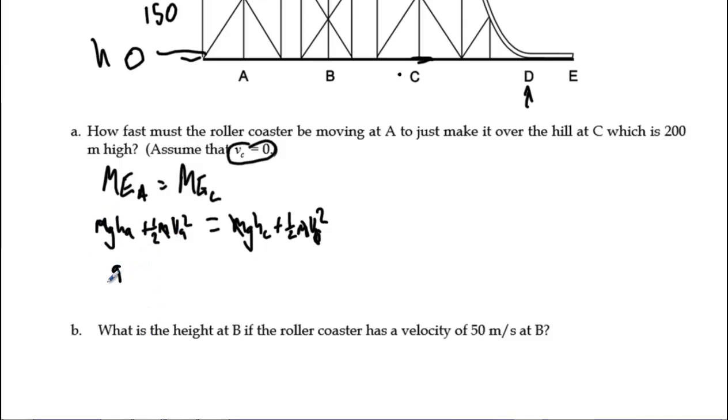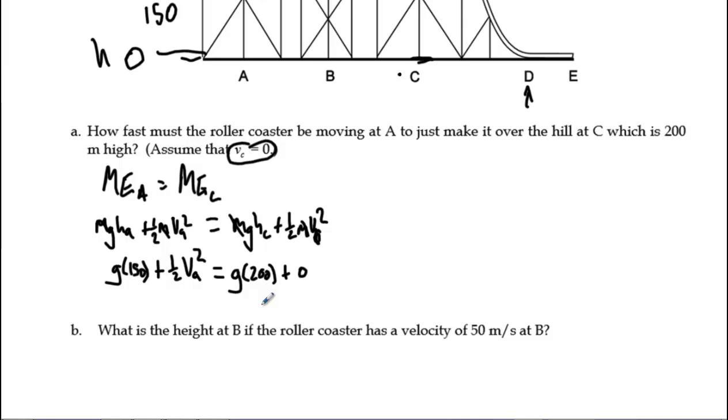So now I have G times the height at A, which is 150 meters measured from the ground, plus 1/2 the velocity at A, which I don't know, that's what I'm trying to find, squared, is equal to G times the height at C, which we're told is 200 meters, plus 0, because the velocity at C we were told is 0.